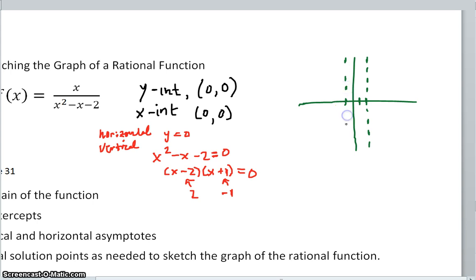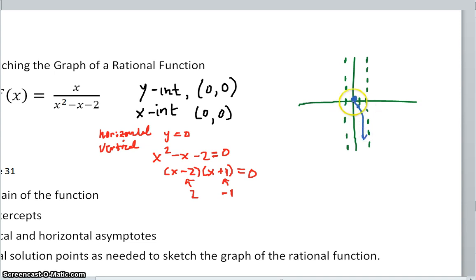Let's see, they kind of disappear. So we have a problem here. We know that this graph has an x-intercept at the origin. So what I would recommend you do is plot a point like 1, and you would get 1 over -2, and you'd get something in this range, and then you'll see that it goes something like this.